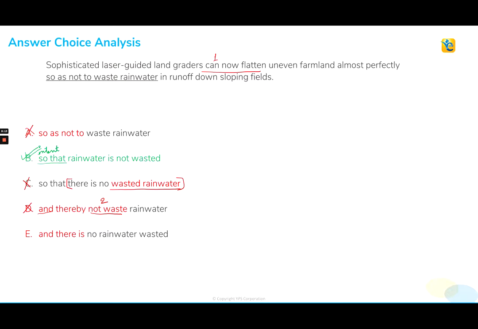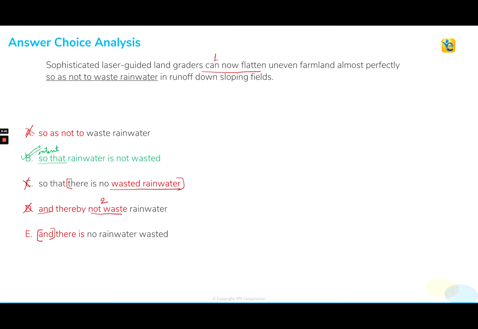Now, choice E has a couple of issues. First of all, the usage of this connector and. This is a problem. Why? Because now the purpose is completely lost in the sentence. We need to say, what is the purpose of land graders flattening uneven farmland almost perfectly? But with and, we are actually talking about two different actions done by two different entities.